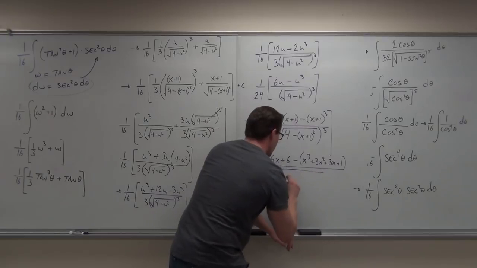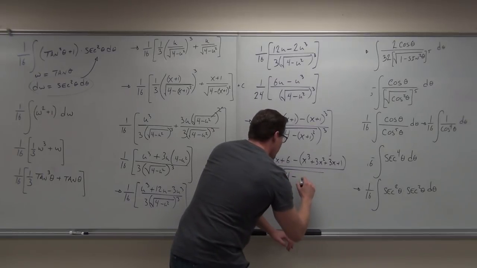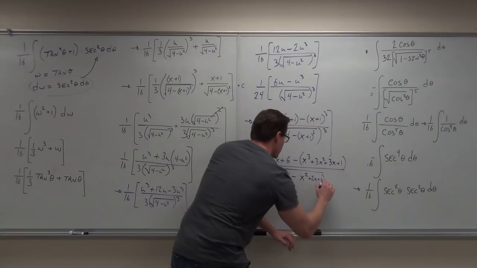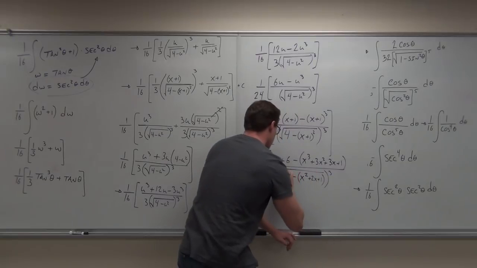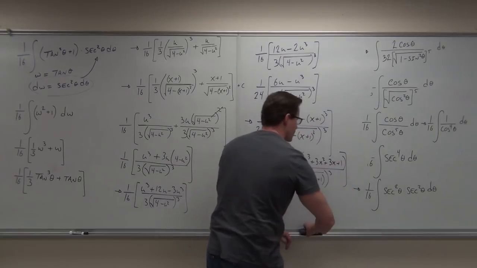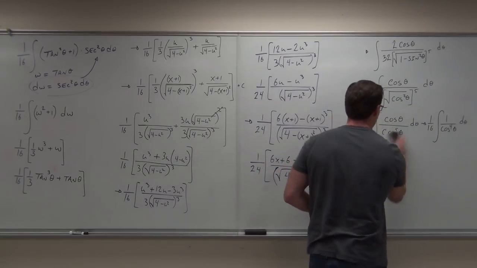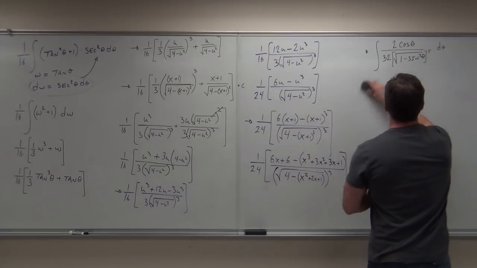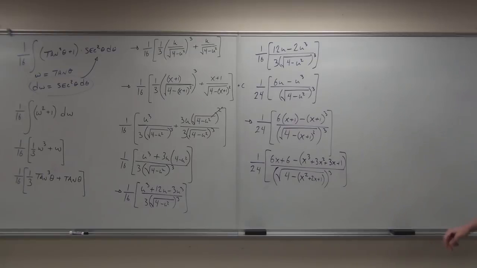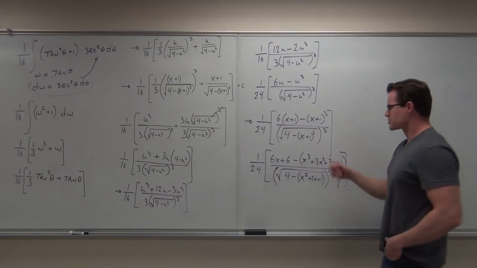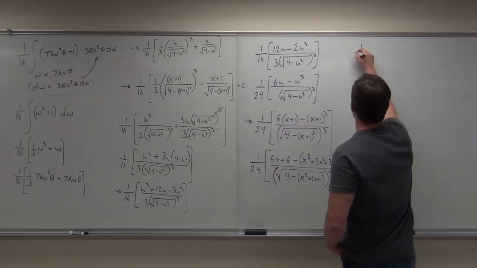Here we got square root of 4 minus x squared plus 2x plus 1 in parentheses, to the third. Moving on, distribute your negative and then we'll combine some like terms, almost done.